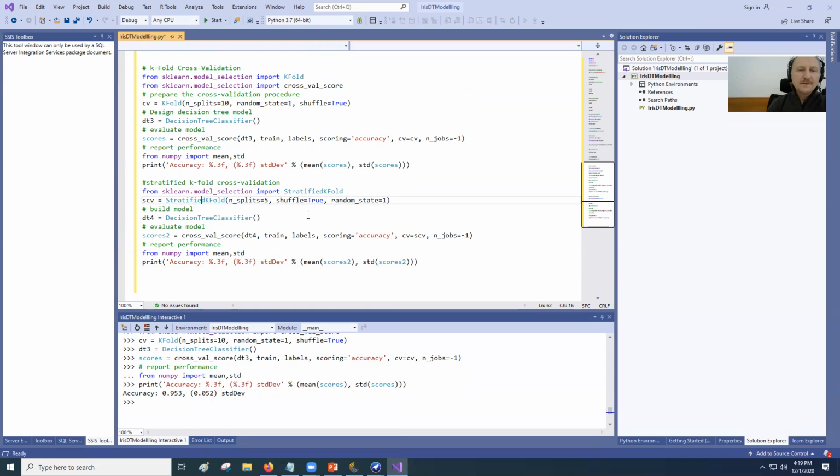This means when samples are being selected randomly, it will keep the distribution or percentage of the labels.